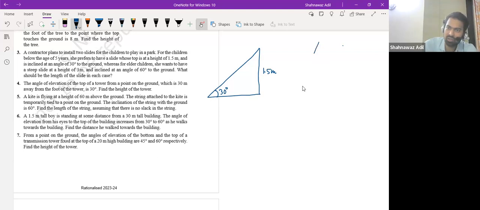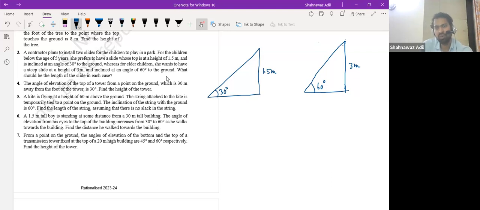So then we have this one at 60 degree, and of course this height is 3 meters. So what is the question? What should be the length of the slide in each case? Is this the length of the slide or this one? Hypotenuse or base?